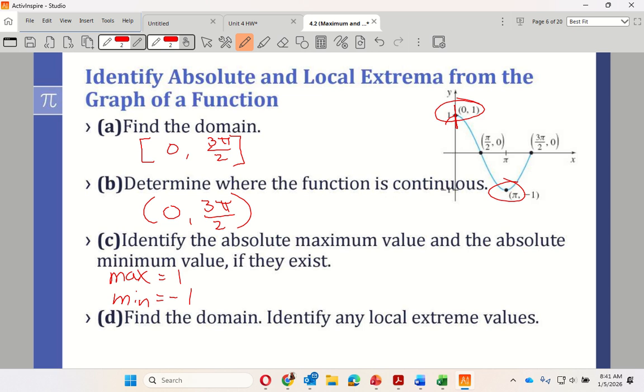So again, that's why I try to remember it like that. Local cannot be endpoints. So local extreme value, the only one that we have is local min. Oh, I'm sorry. Local min is -1.